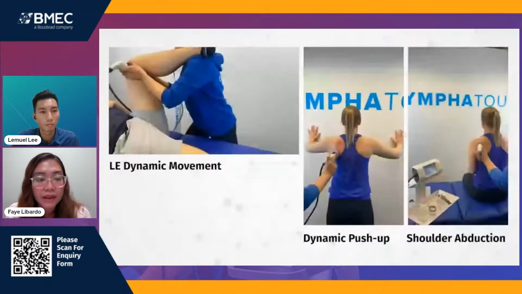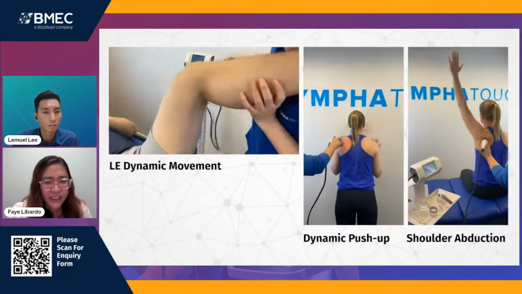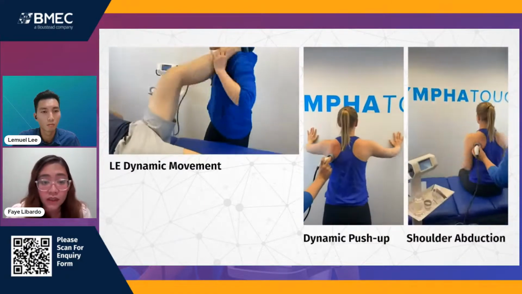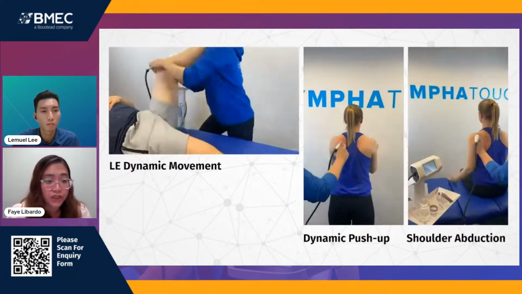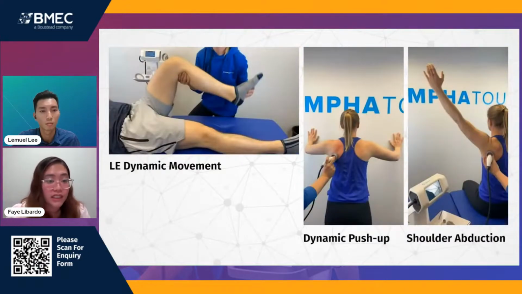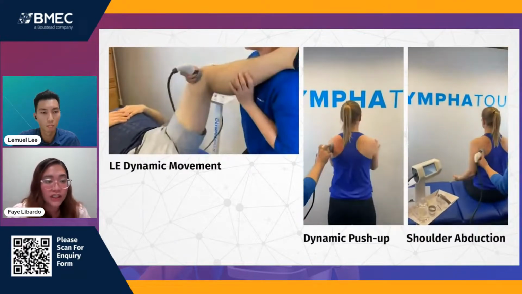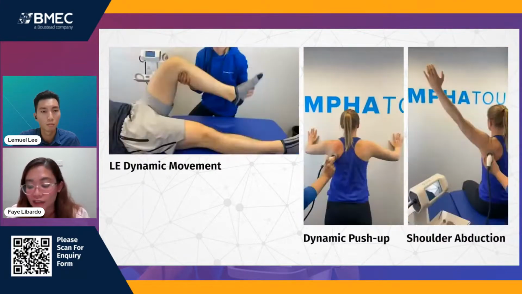Here are some videos of examples of dynamic therapies. You see here an example of a treatment with the use of LymphaTouch during exercise: during push-up, shoulder abduction, and even knee flexion. We know that active movement is very crucial, especially in sports. Actually, in all kinds of treatment, it's a lot better than passive treatment.